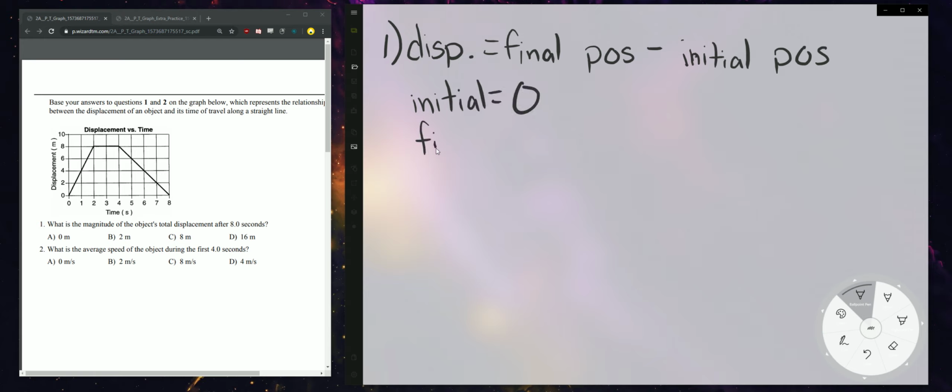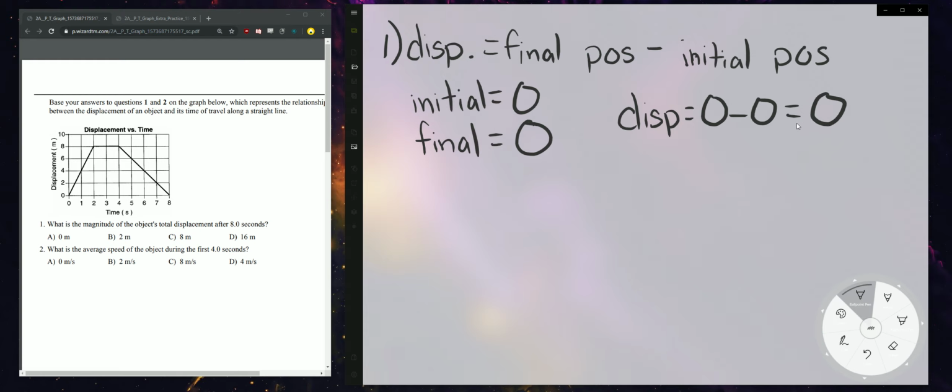And your final is going to be, well, at 8 seconds, you see that your point is also at 0. And then you have displacement is equal to 0 minus 0 is equal to 0. And so your total displacement after 8 seconds is 0.